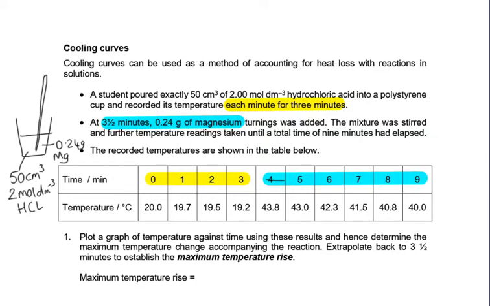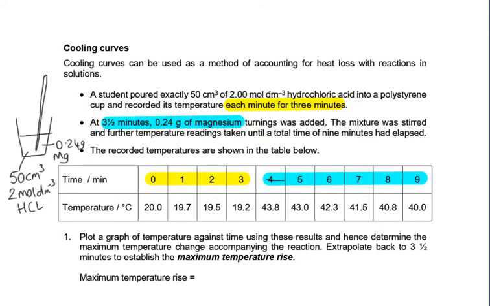It sort of depends on your results how long you would keep going, but you would try to keep going until it sort of stops changing too much. So you might do another 5, 6 readings, enough readings that you're going to be able to draw a line of best fit. So at least 4 or 5 to be able to draw a line of best fit.